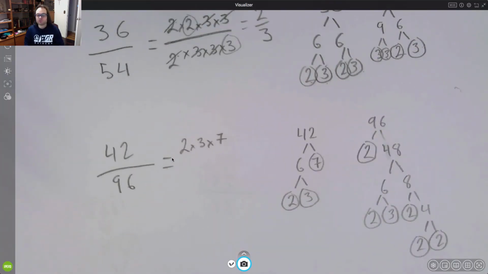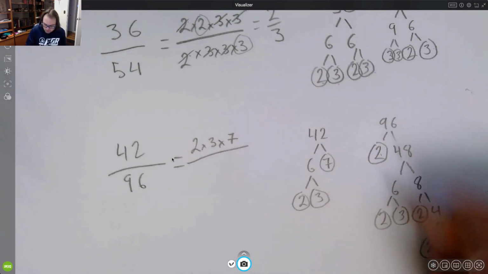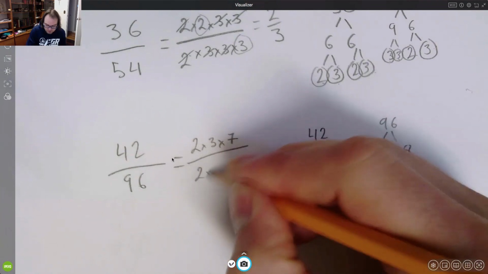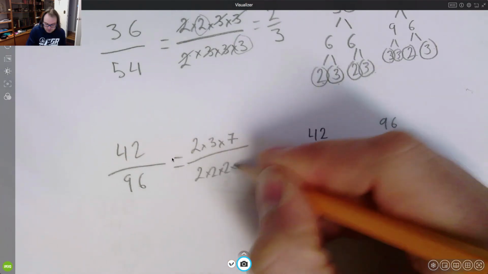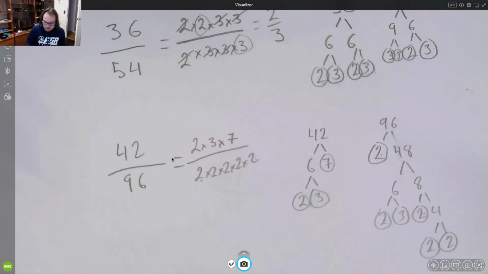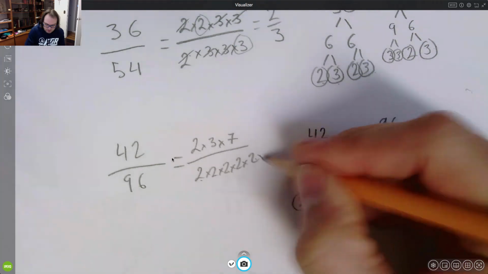So now let's write everything we have. I have 1, 2, 3, 4, 5 2's. So that's 2 times 2 times 2 times 2 times 2. 1, 2, 3, 4, 5. Good. We're done all these 2's, and we have a 3 times 3.